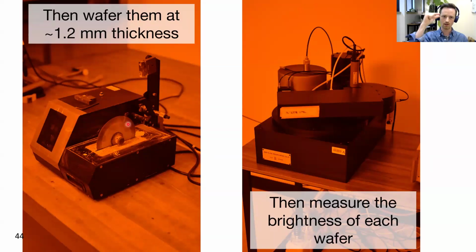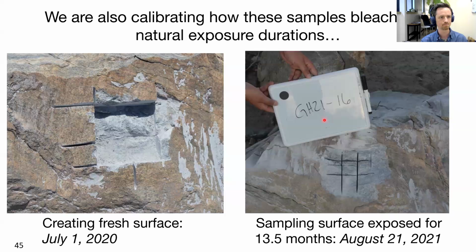And so we go all the way down the core at that resolution. Those discs then get crushed up and we put them on discs and they get measured on our luminescence reader so that we measure the luminescence brightness of each wafer with depth so that we get the bleaching profile.